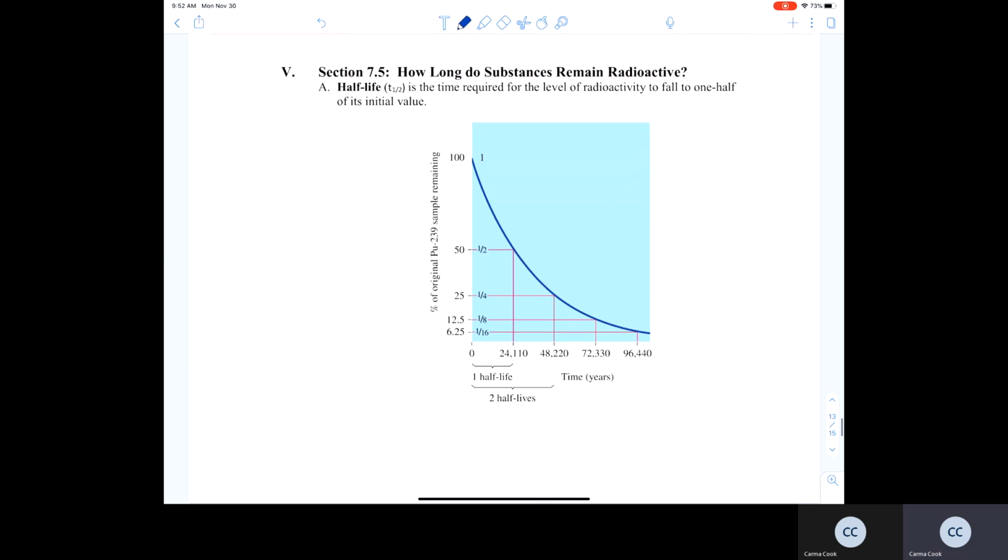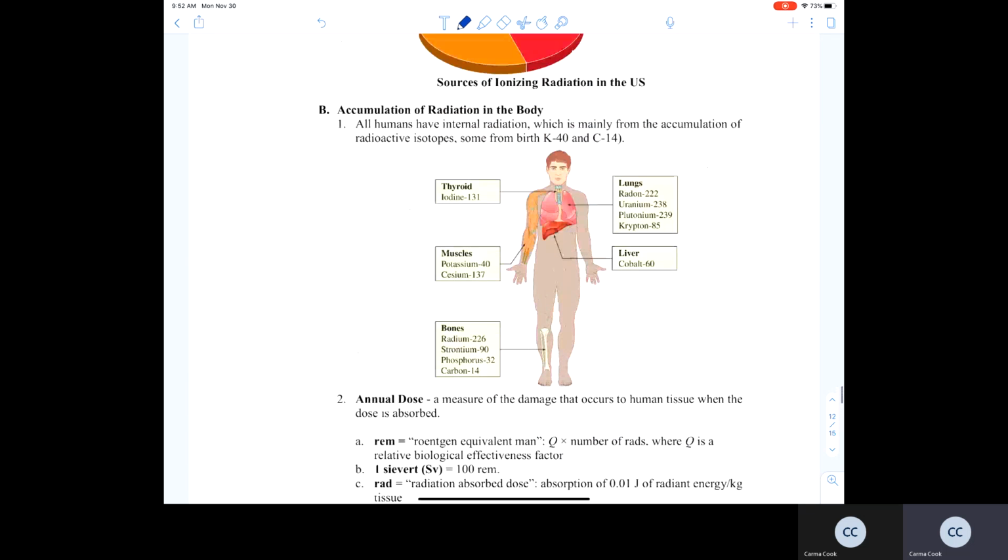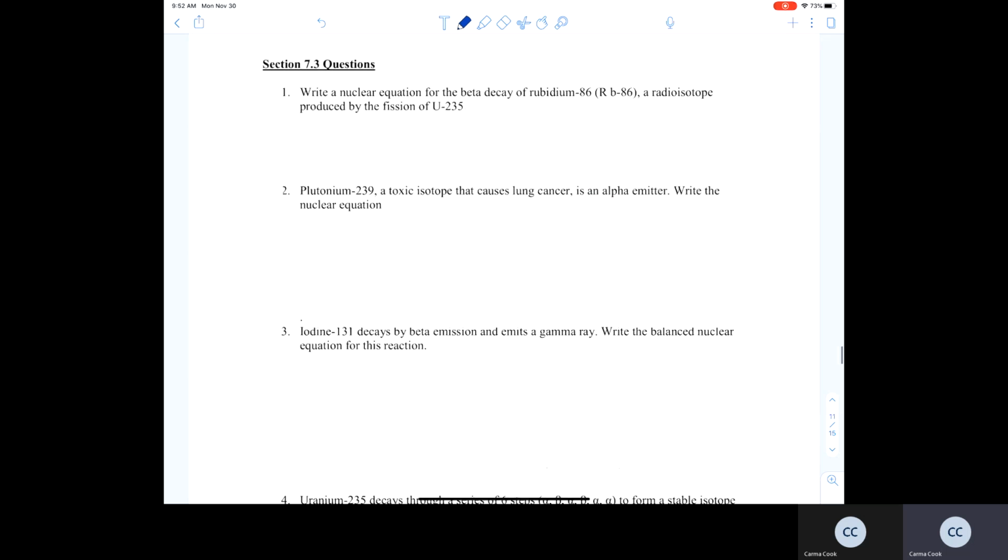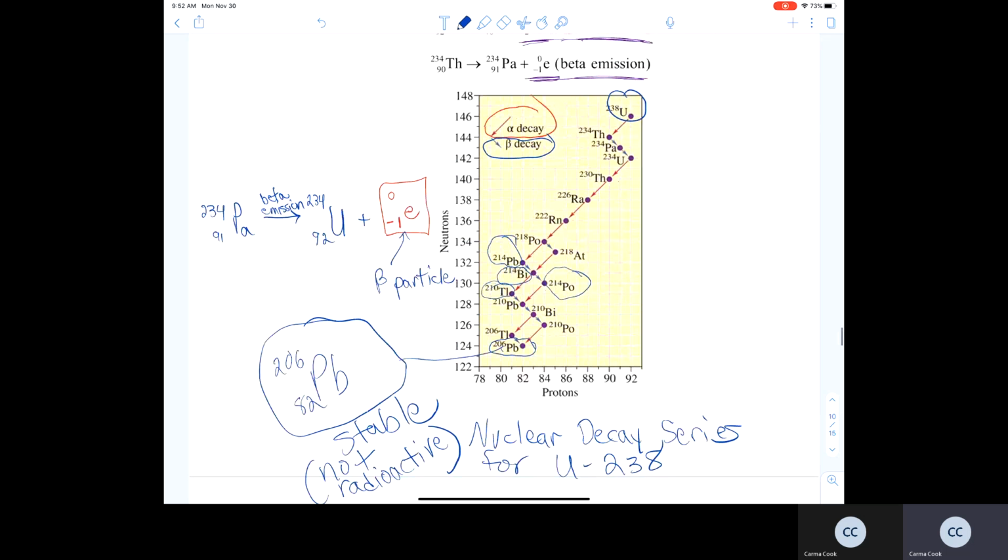So how long do substances remain radioactive? How long, in other words, does it take a radioactive element to break down into a stable element, like we saw with the uranium-235 in our radioactive uranium-238?